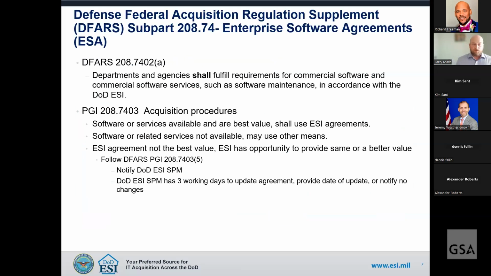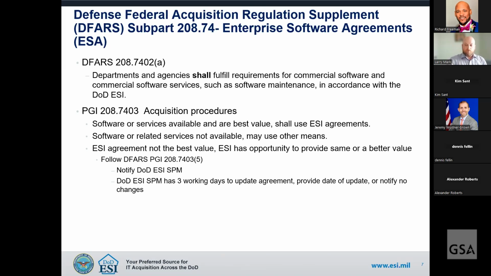So going into the DFARS, what the requirement is, 208.7402 provides the requirement to use ESI when an agreement is available. But the PGI provides more detailed instructions on that. When software or services are available and are the best value, you shall use our ESI agreements.